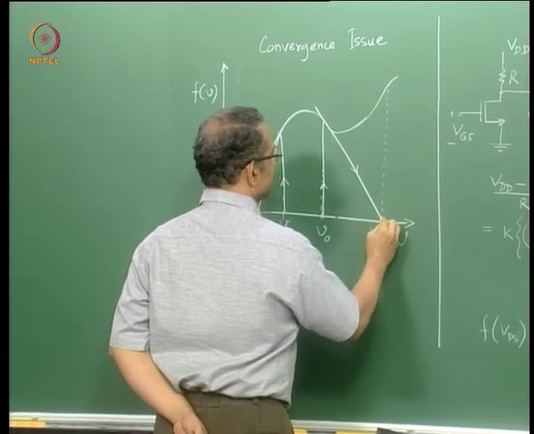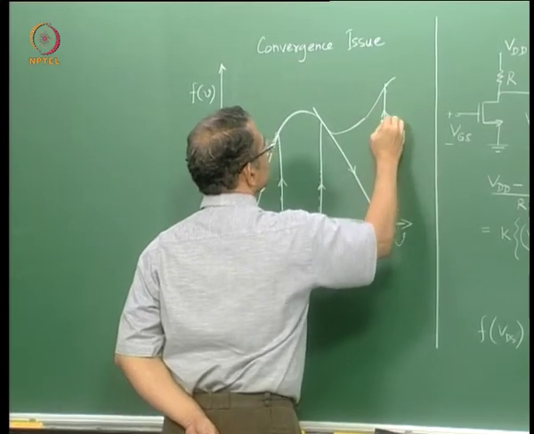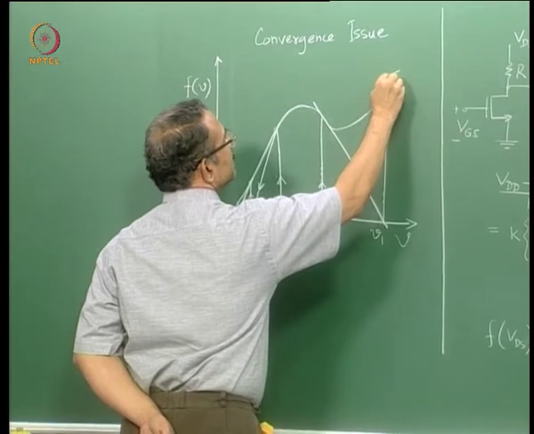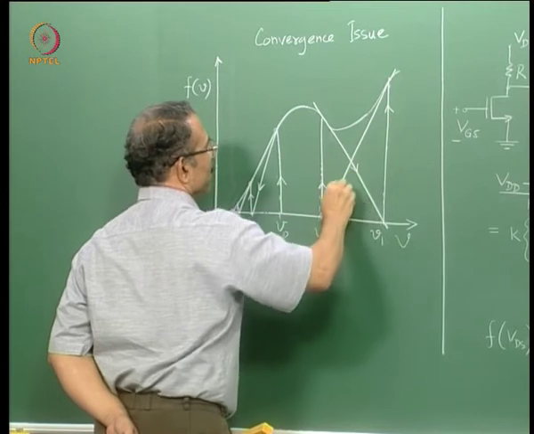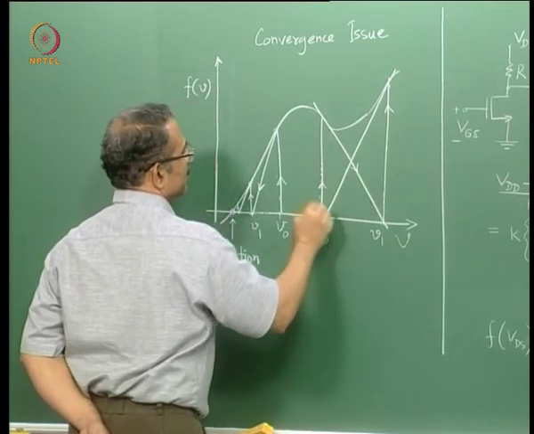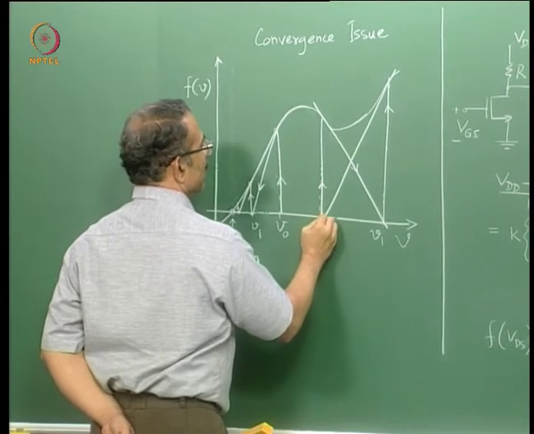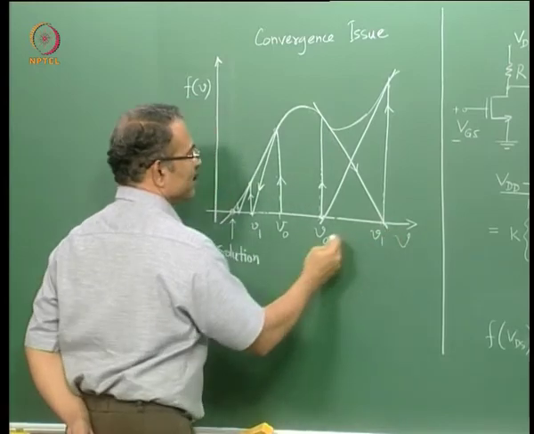To get the next better guess, I go up, I am on this side here, and I take a tangent at this point, and who knows, I might find that this tangent passes through this point, and so I am back to V0, and then I will go up to get the next guess. I will come back here. So I will keep oscillating between V1 and V0.